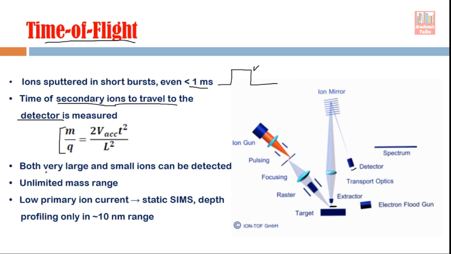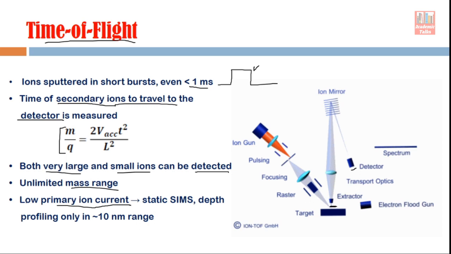Now, the advantage here is that both very large and small ions can be detected using this technique. So there is no issue in that. Unlimited mass range. It is obvious, as indicated in the earlier point also, that whatever the size and mass of the ions, we can detect them irrespective of these things. Another important point is that in this kind of arrangement, the primary ion current need not be very high.